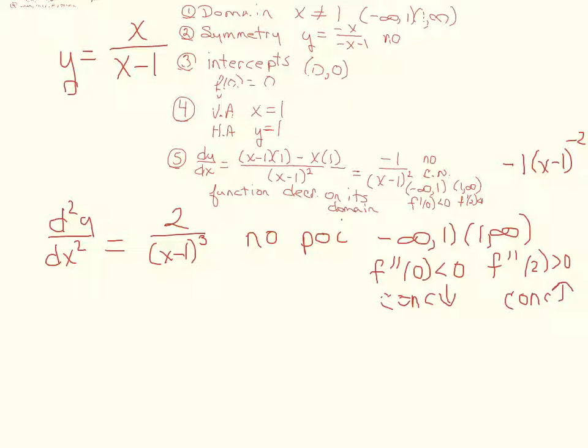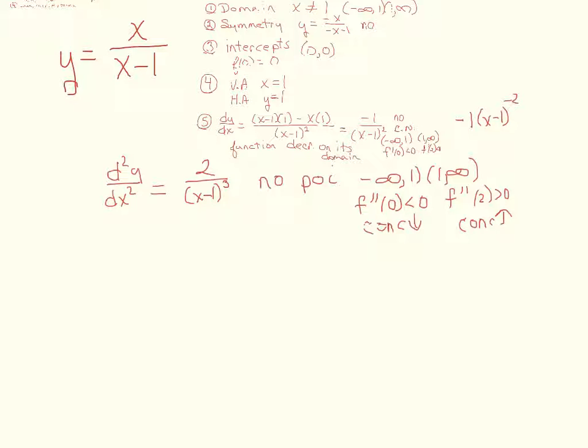All right, let's see what we can do to put this function on a graph. We said that on this particular graph, we have an intercept at 0, 0. I guess I could put some points on there.